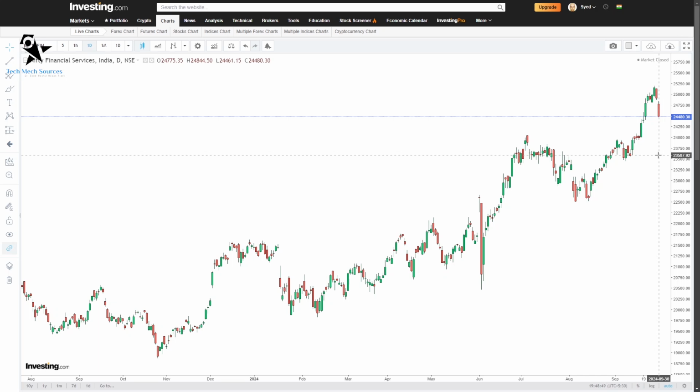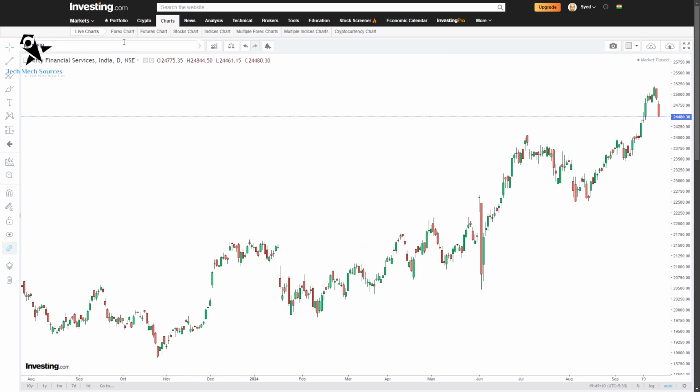So here, Nifty Financial Services. Let me talk about this particular index, which is the Nifty Fin, and you can find it in Kite as Fin Nifty.